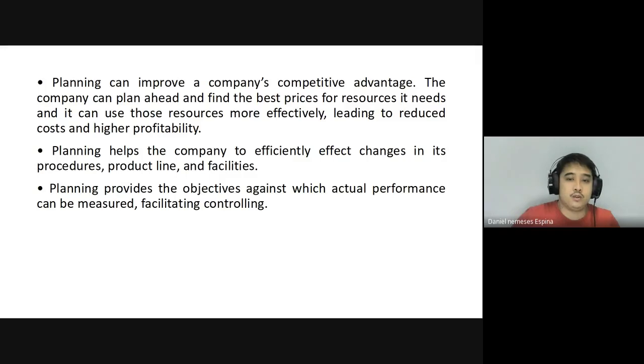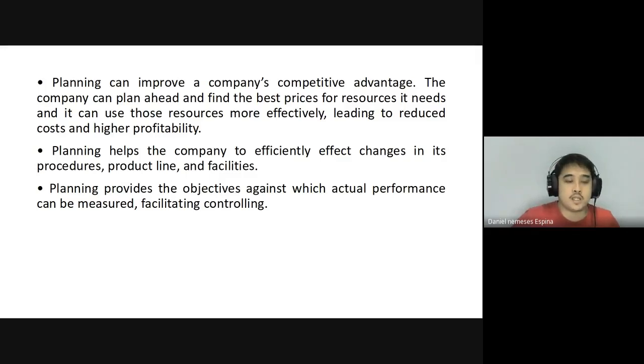Planning helps the company to efficiently effect changes in the procedures, product line, and facilities. So planning can also increase the efficiency of the organization. And planning provides the objectives against which actual performance can be measured, facilitating controlling.